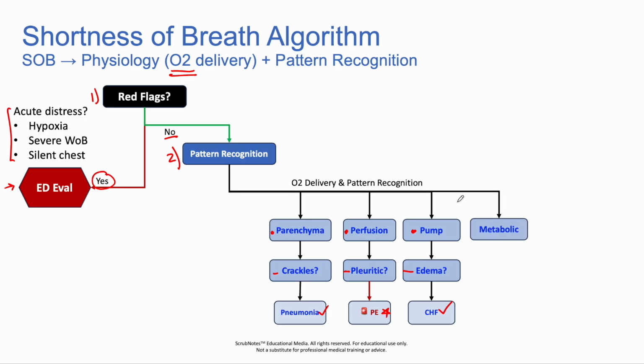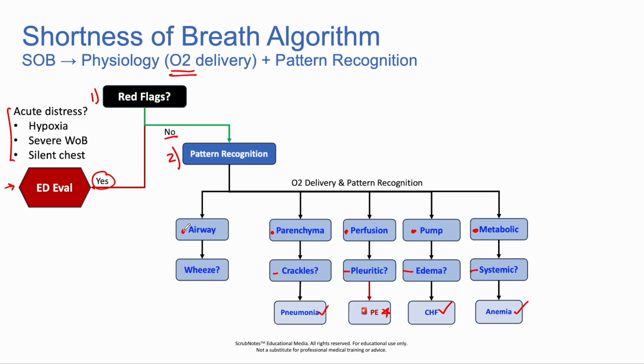And there could be a metabolic problem, which is a more systemic presentation and might present like anemia. Lastly, if there's an airway issue and wheezing, I'd be thinking about asthma or COPD. And if that airway obstruction is reversible, then that's more likely leaning towards asthma than COPD.